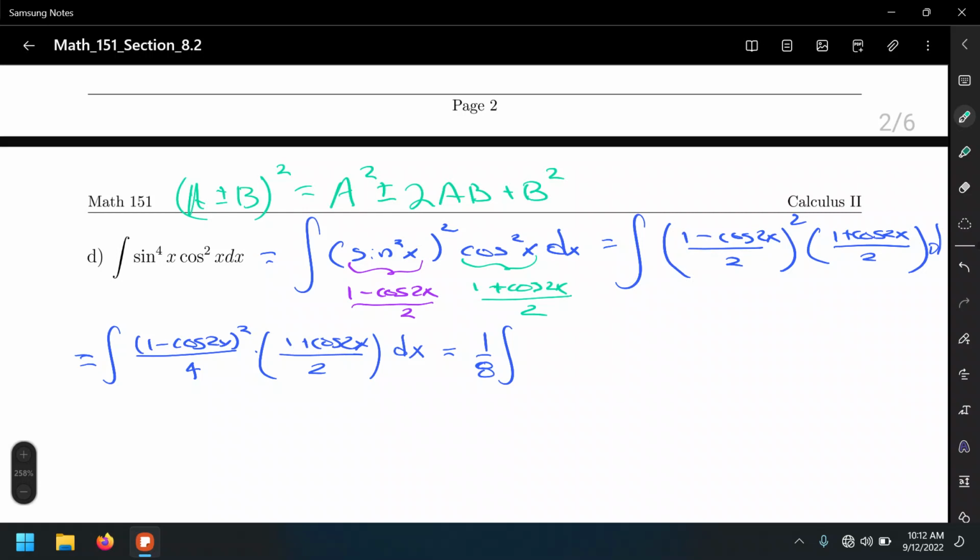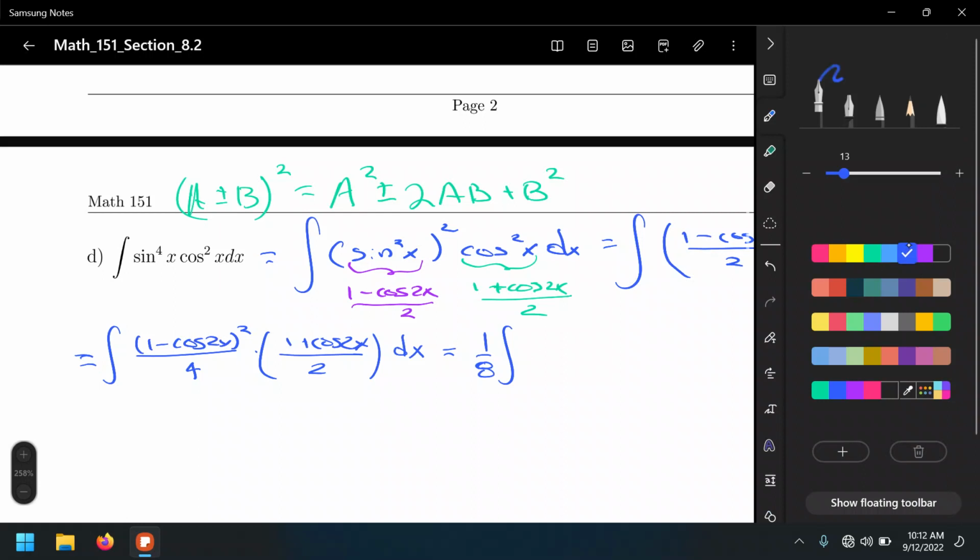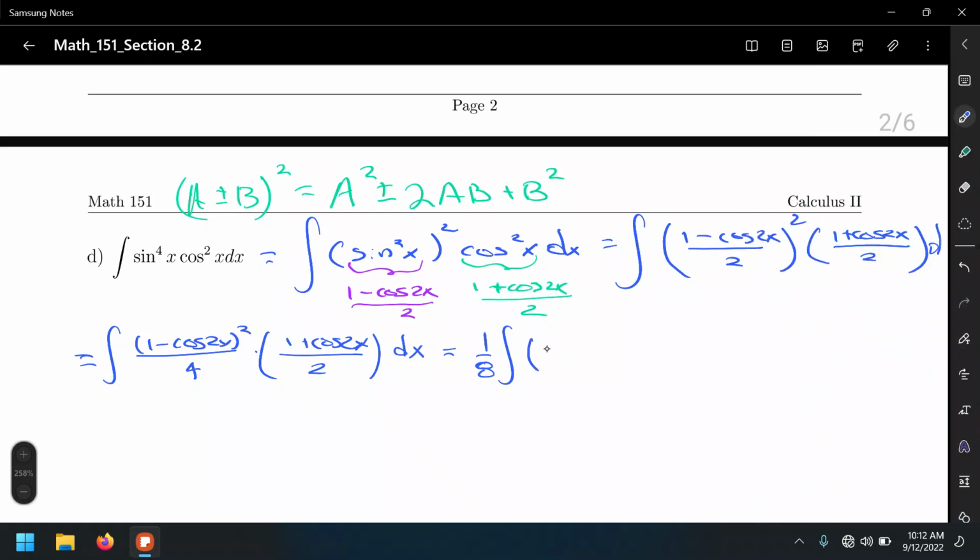So for this we get 1 squared, which is 1, minus 2 times the product of the two terms, that is 2 cosine 2x, plus cosine squared 2x. And then the remaining 1 plus cosine 2x will just remain there. Oh, this is supposed to be 2x. With respect to x.